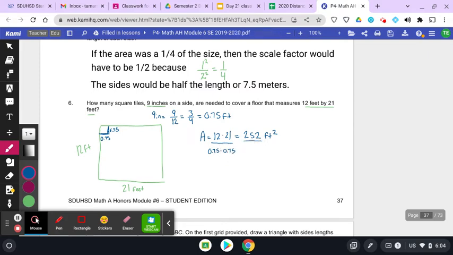9/16 or 0.5625 feet squared. So when we divide those numbers, we can figure out how many tiles we actually need. And we get that we're going to need 448 square tiles.